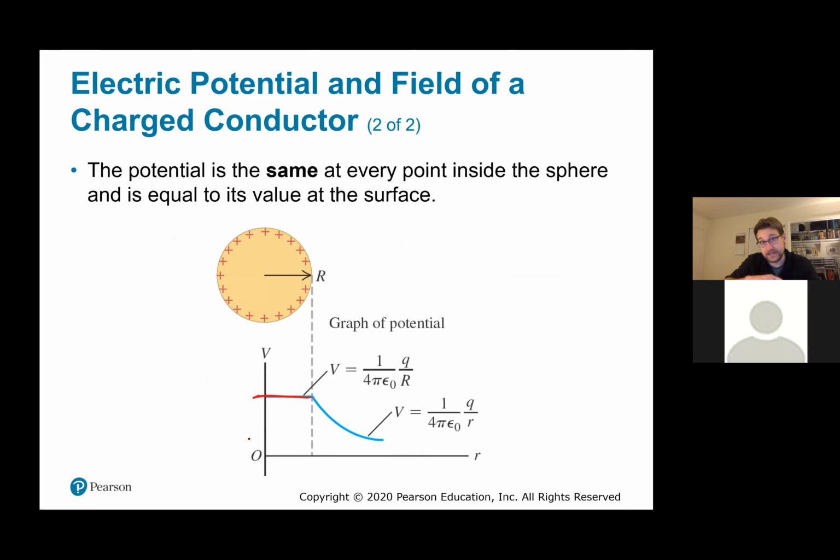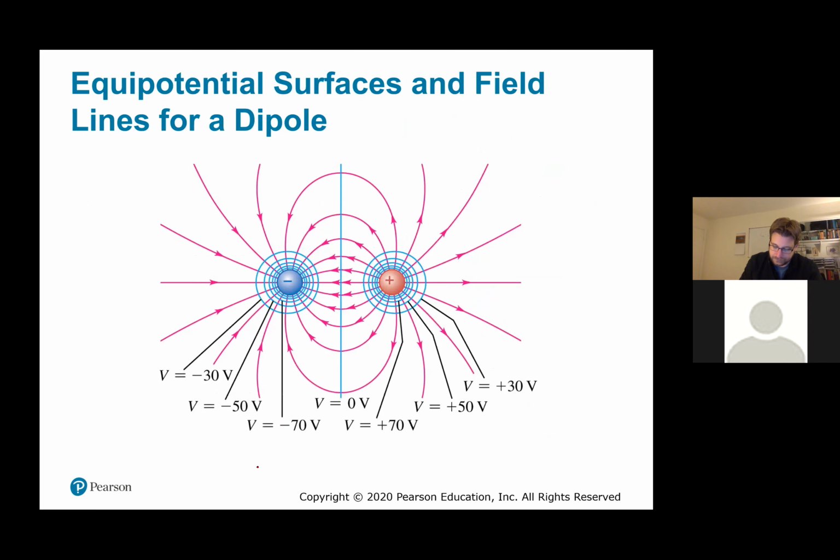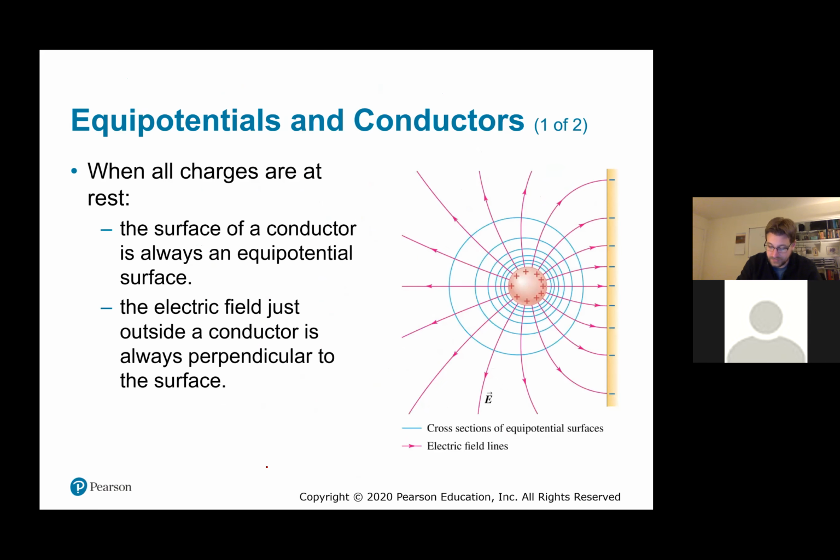Otherwise, the field inside wouldn't be zero, and we know that it has to be. So the surface is another equipotential line. And as we move away from that positive charge, we would start to see those equipotential contours flattening out here, perpendicular all the time to the field lines.